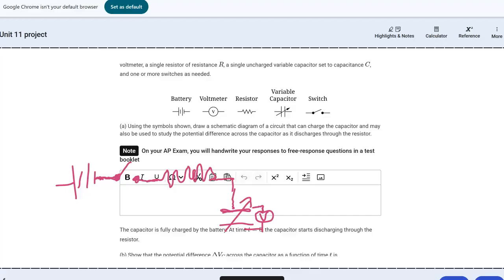And then our switch 2 could be closed, and it could be something like that. So that's my schematic. In this scenario, it'd be discharging, whereas if this was open and that was closed, it'd be charging.